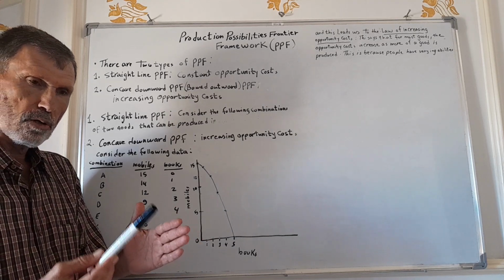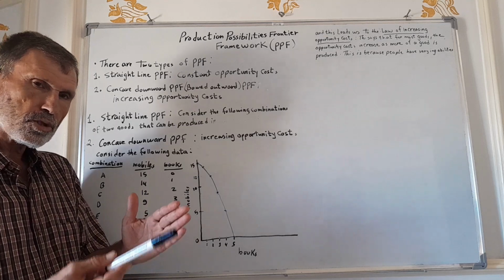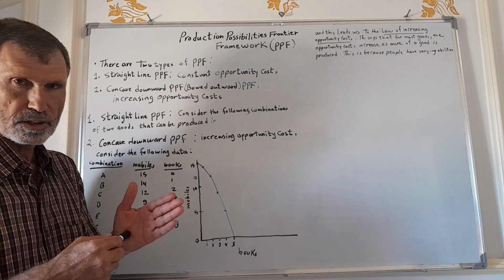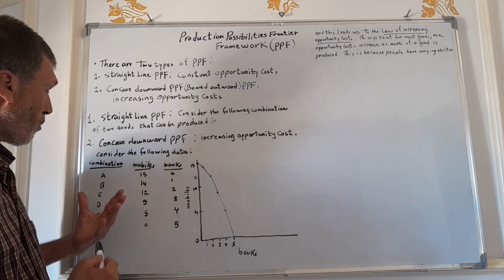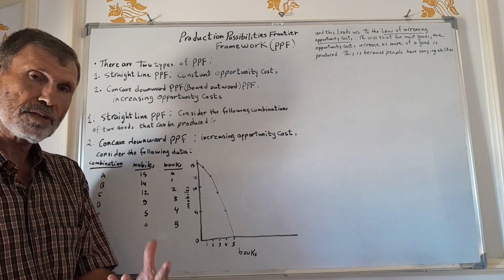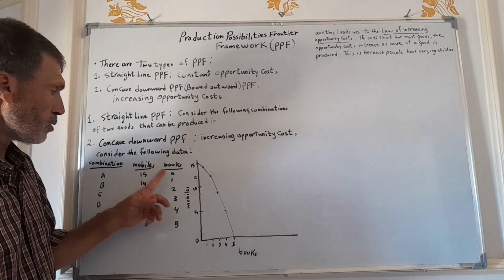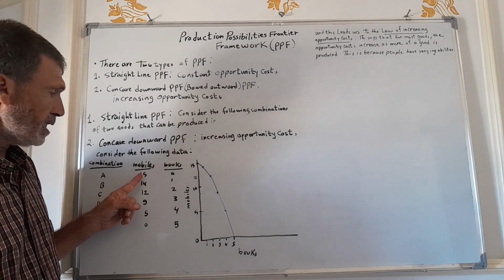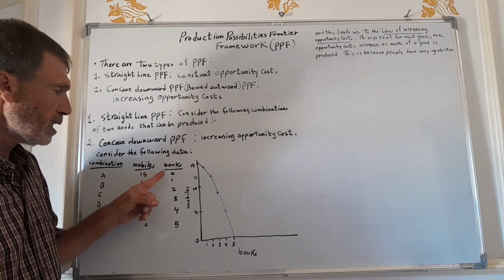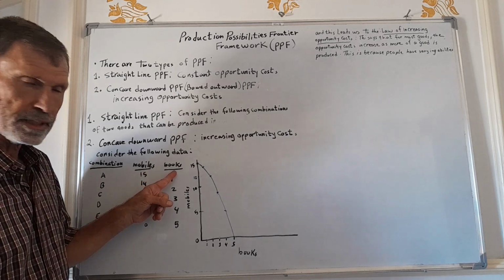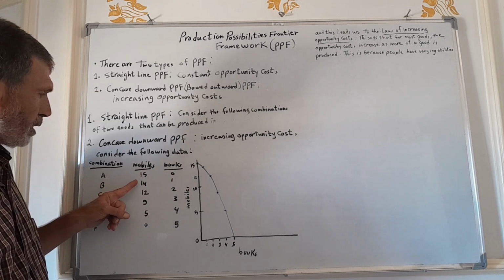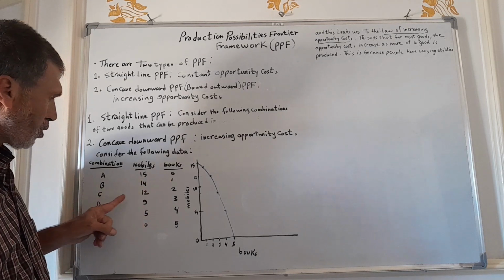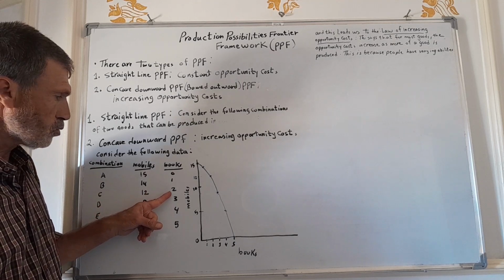Remember that always we have a trade-off. More production of mobiles means less production of books, and so on and so forth. Therefore, we have 2 goods that are being produced, mobiles and books. So at combination A, we see that the company is producing the highest number of mobiles with nothing of books. Now, at combination B, the company is producing 14 mobiles and 1 book. At combination C, 12 mobiles and 2 books.